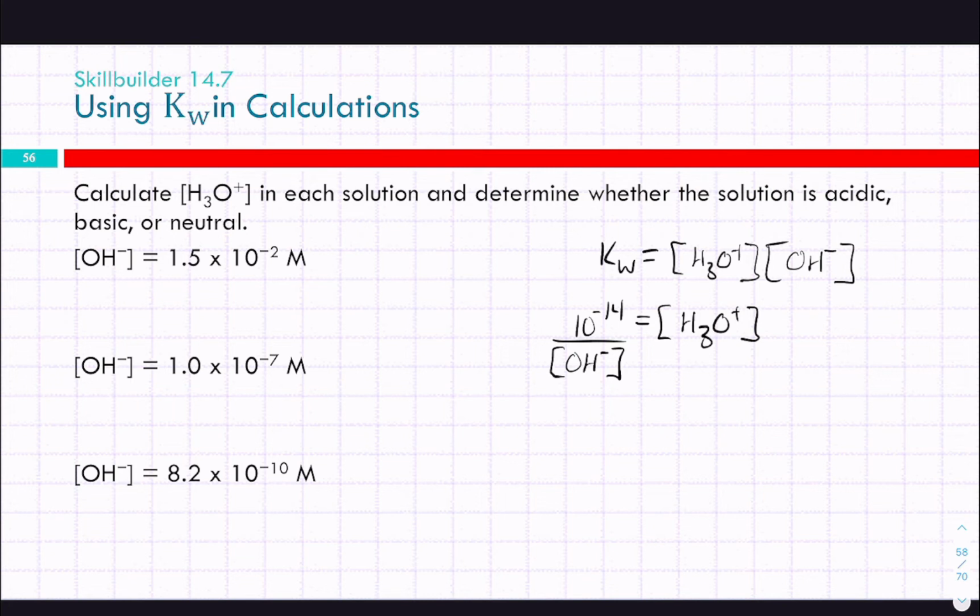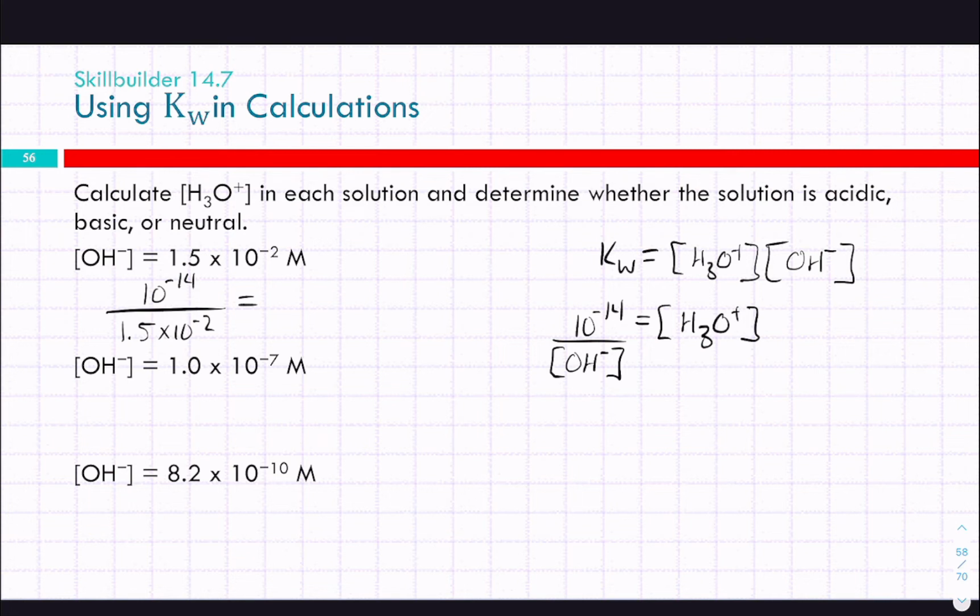So for this first one, it'll be 10 to the negative 14 on top over 1.5 times 10 to the minus 2 molar, and that'll give us the H3O plus concentration.